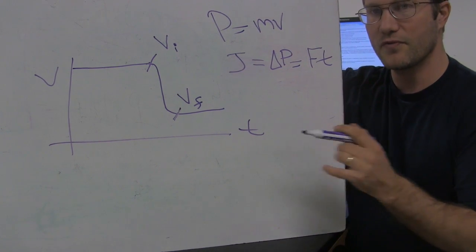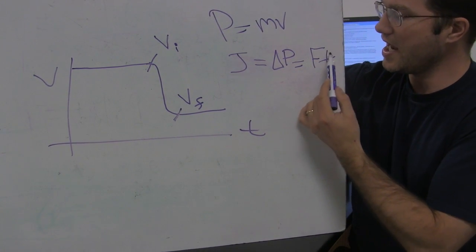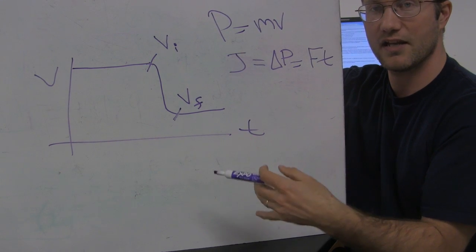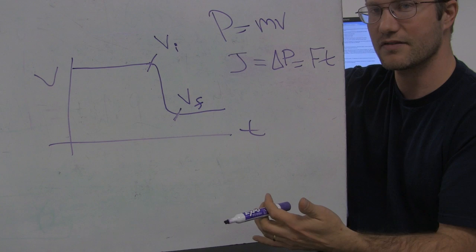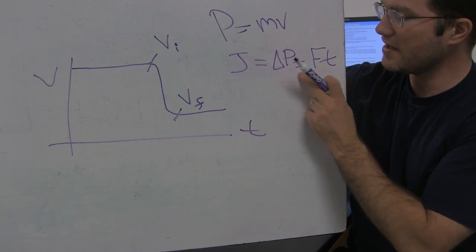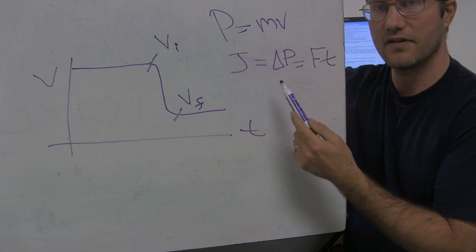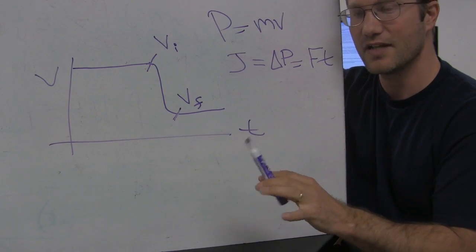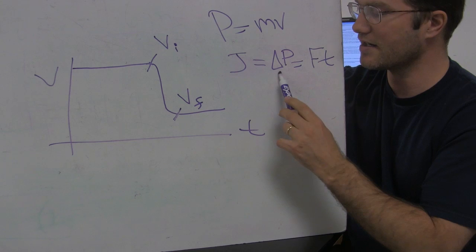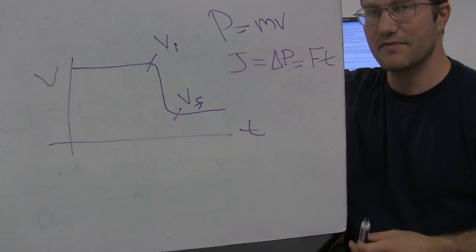And if those two forces are equal in magnitude, and of course they experience the same delta T, the same time of collision because they're colliding with each other, then the change in momentum of the first cart has to equal in magnitude the change in momentum of the second cart. Delta P is going to be the same for each.